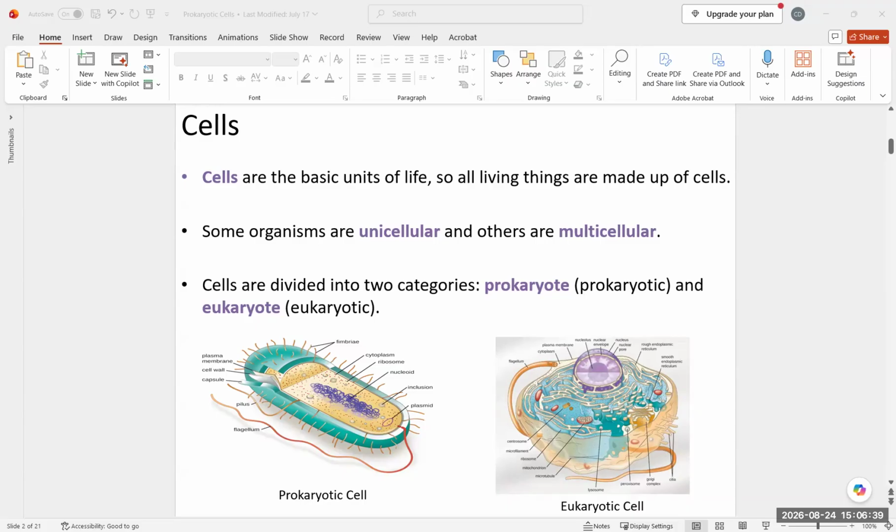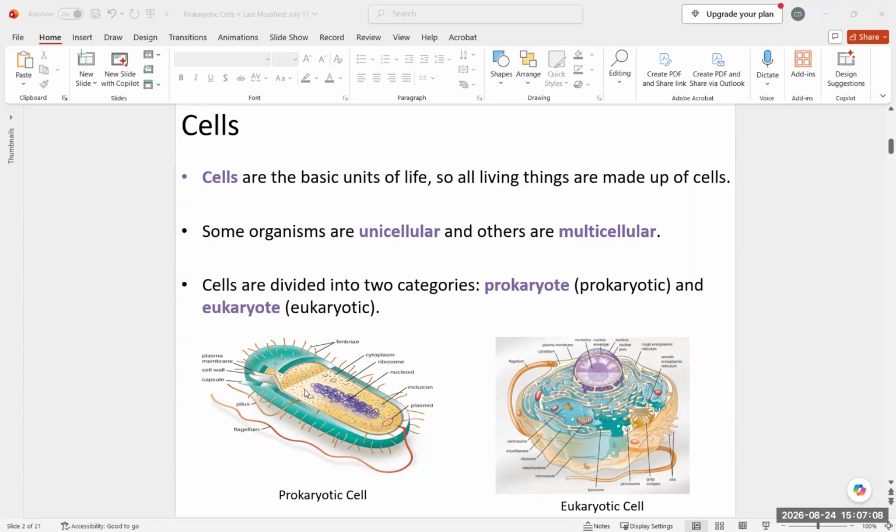And if you look at the picture on the left, you're going to see that they really lack internal organization. Everything inside that cell is just kind of thrown in there, hanging out together. We do have all the genetic material kind of condensed in one area. We refer to that as the nucleoid, but everything else is really just hanging out in the cytosol.